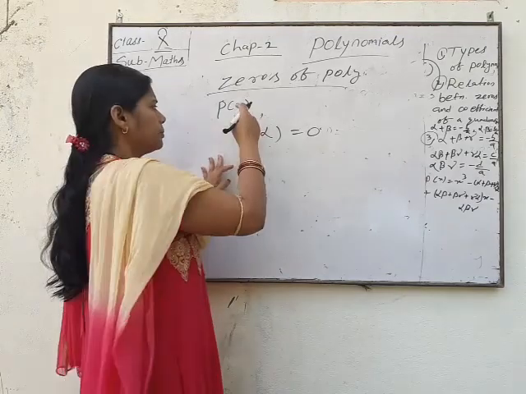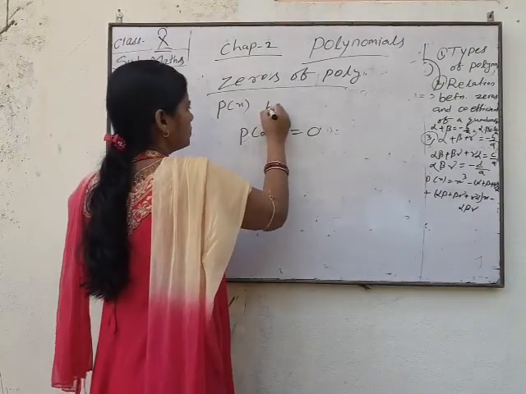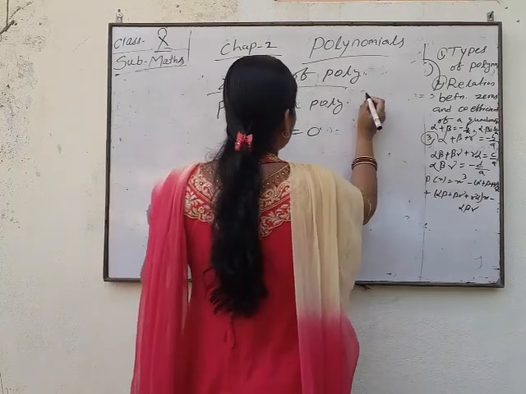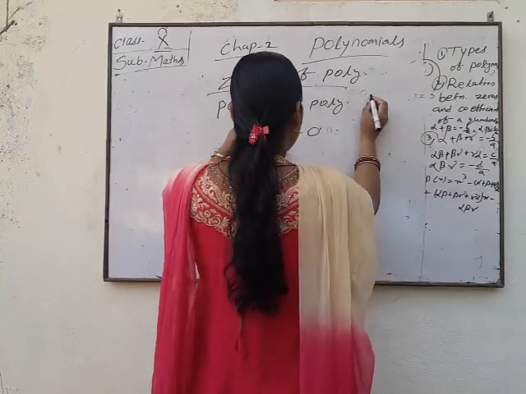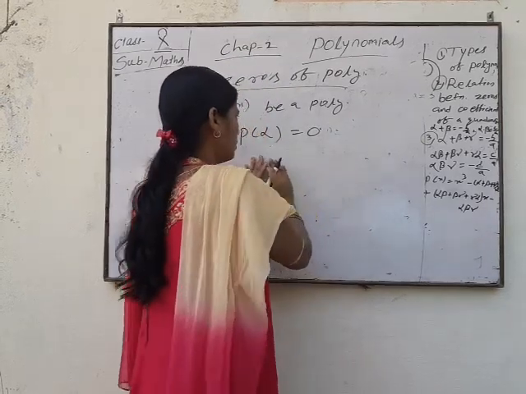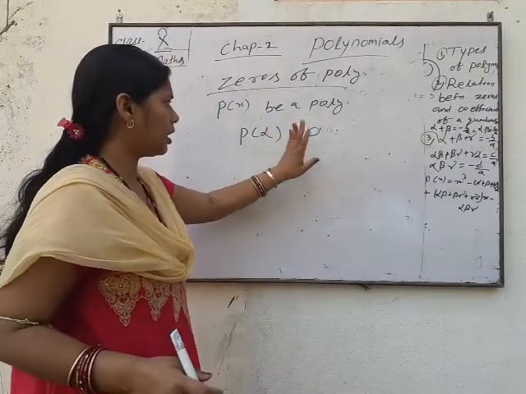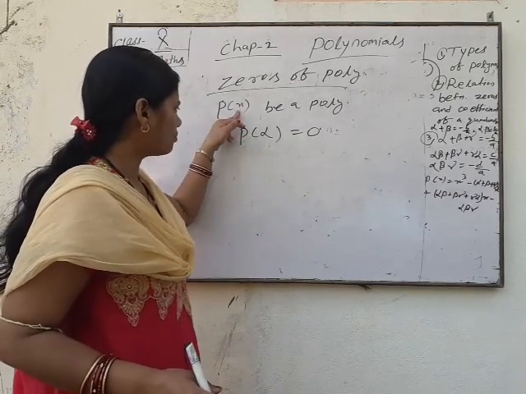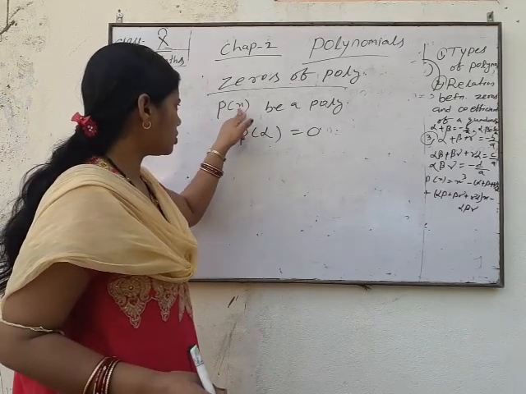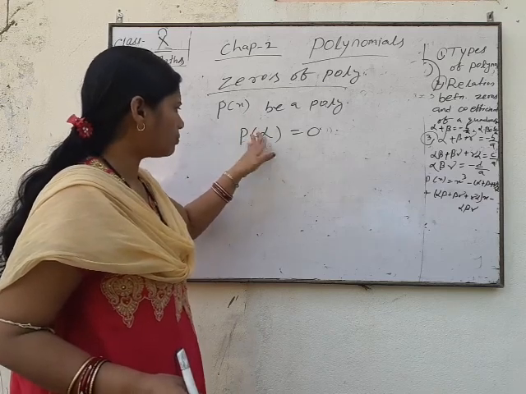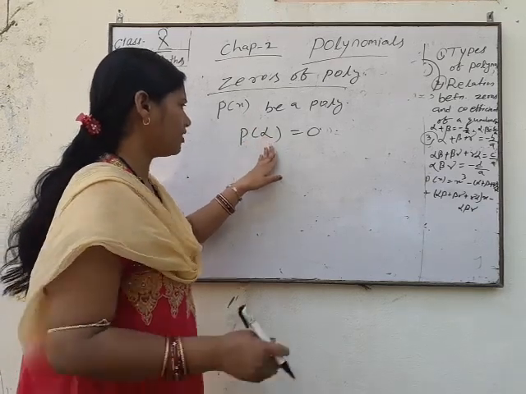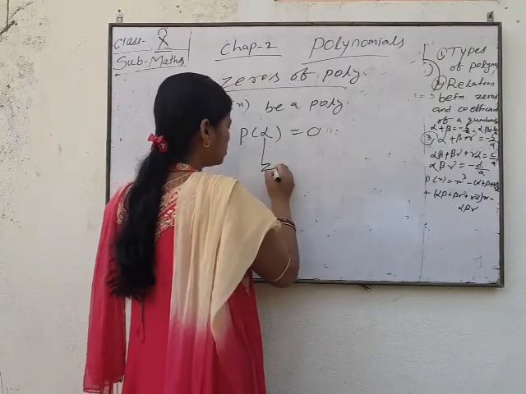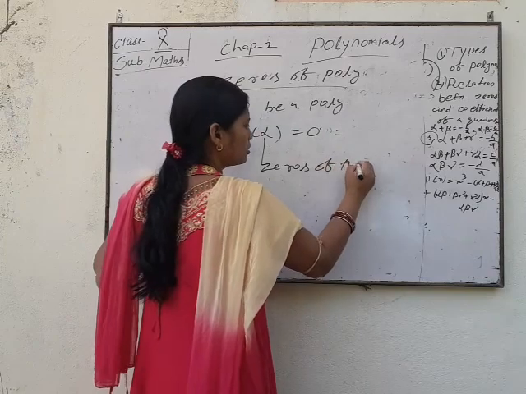Look here, if p of x is a polynomial and alpha is any real number, after putting your value of x equal to alpha, if the result is 0, then alpha is called a zero of the polynomial.